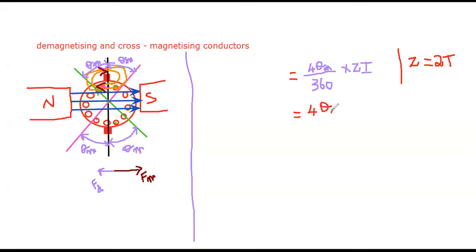I am dividing by 2 here. So here it is 2 into 360, and here it is 2 into 360.